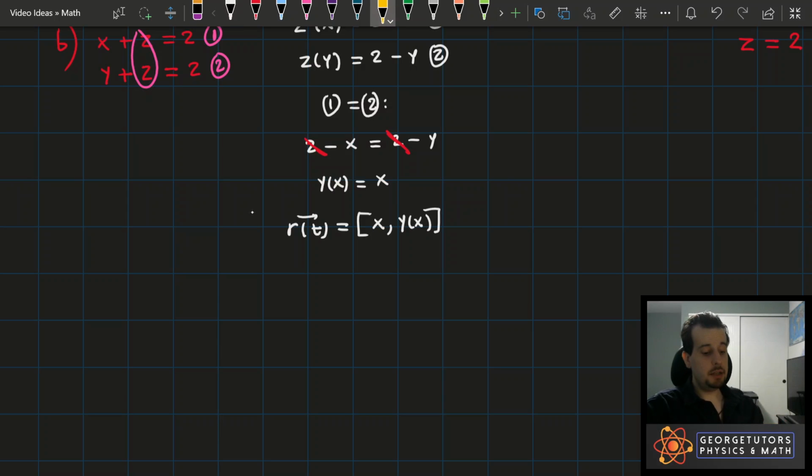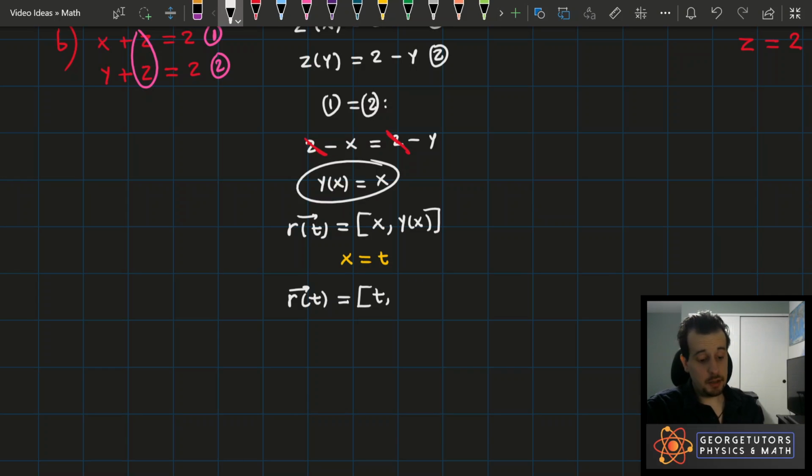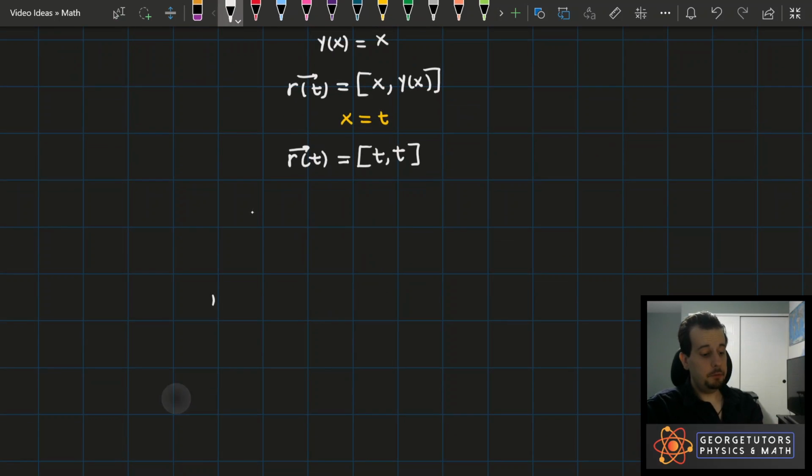So if we again set x as the parameterization here, we get the first two components of our answer. The x component is going to turn into a t, and the y component, since y is equal to x, we will have another t for it right there. And the first two components of our final answer have been discovered. They are t and t respectively.